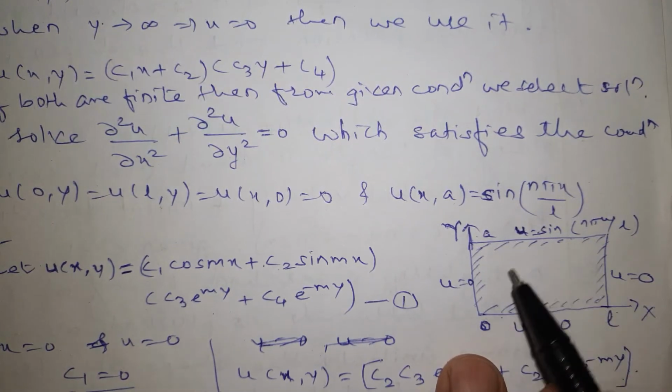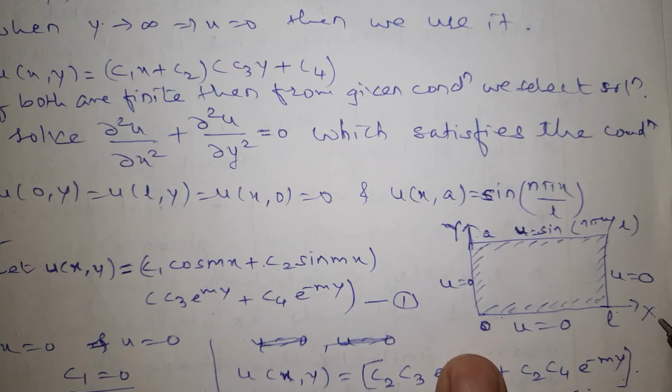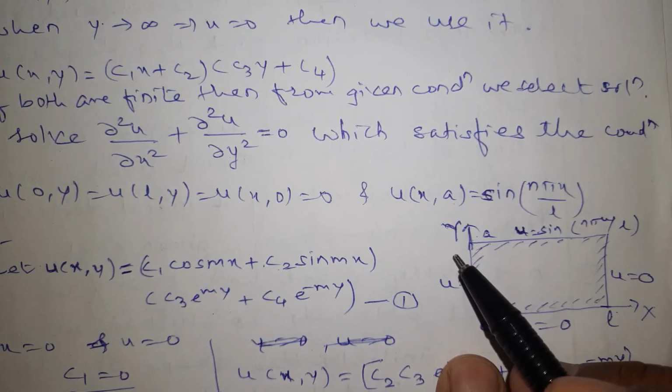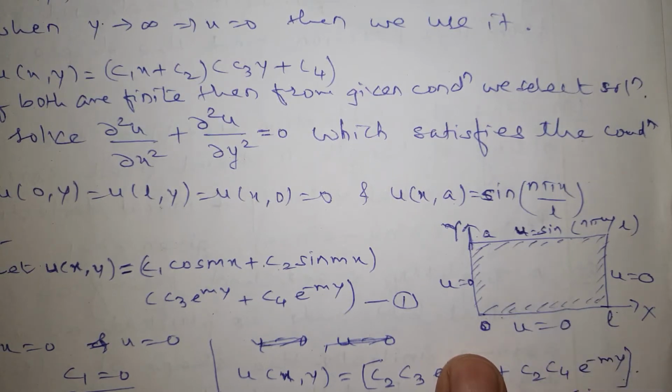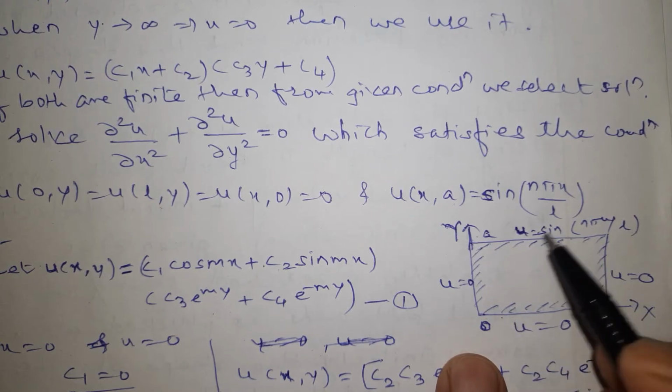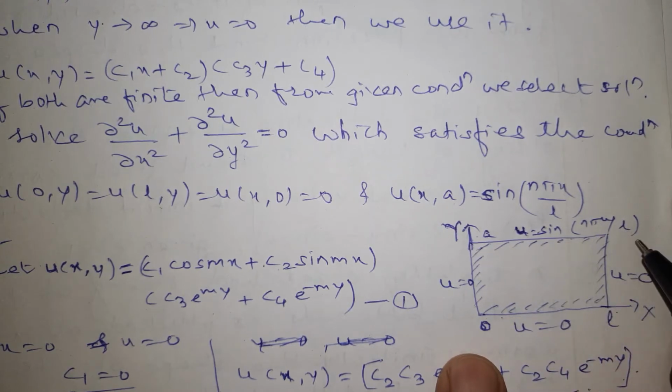But here neither x nor y goes to infinity. So I have to think which solution is suitable. Here u equal to 0 and u equal to sin n pi x upon L are given.